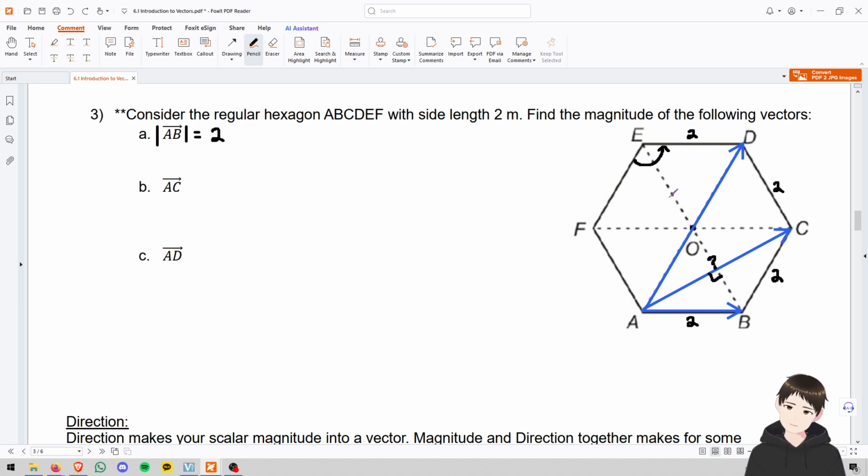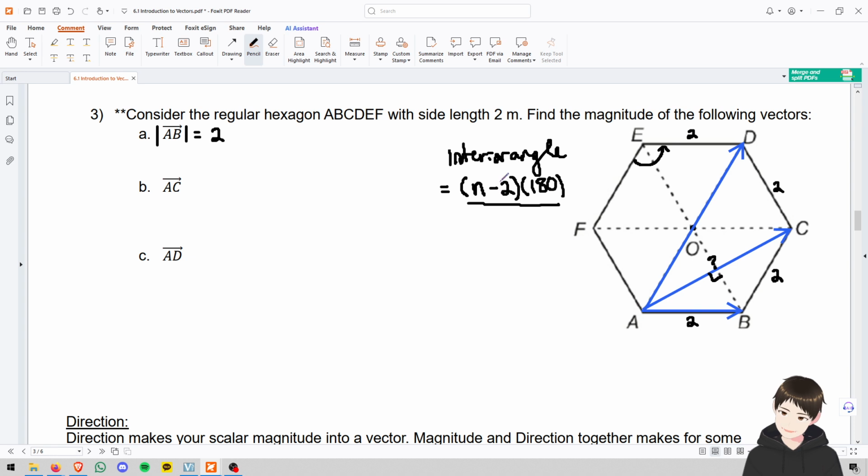Okay? If you wanted to go a little further, you remember in grade 9, you were able to calculate the interior angle of any polygon, and that was the number of sides of your polygon minus 2, multiplied by 180, which gave you the total angles all around. And since I have 6 corners, I would have to divide by 6, or divide by n.